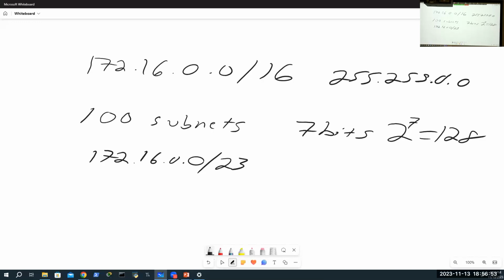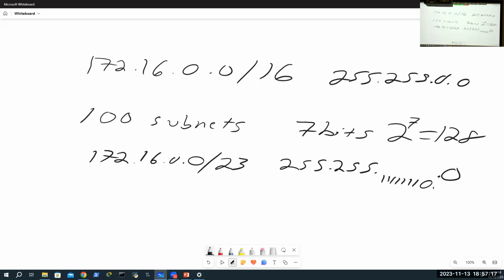So what does that subnet mask look like? 255.255. Okay, so what do we do? 1, 2, 3, 4, 5, 6, 7 bits. So 254. The last octet will be 0.